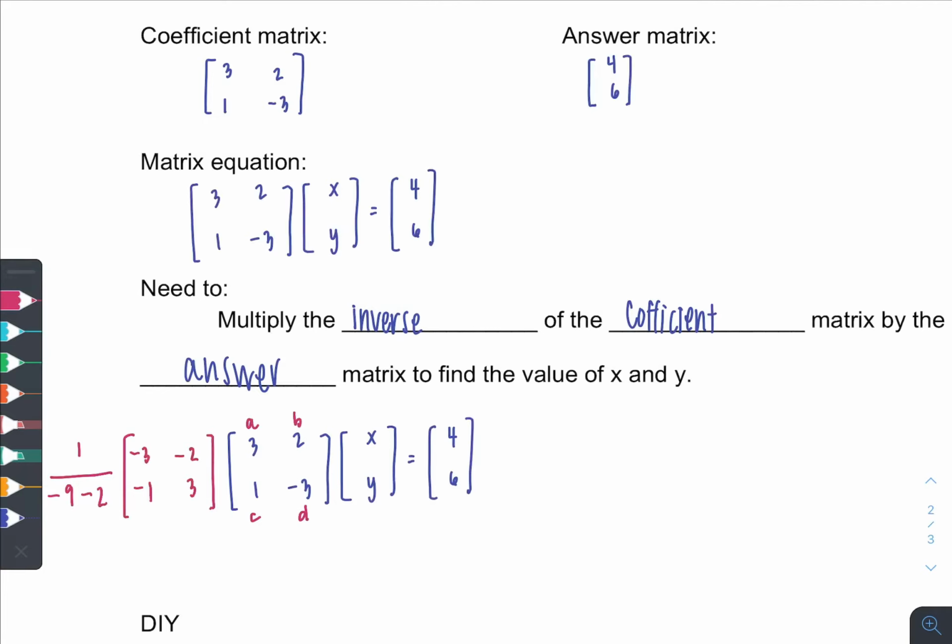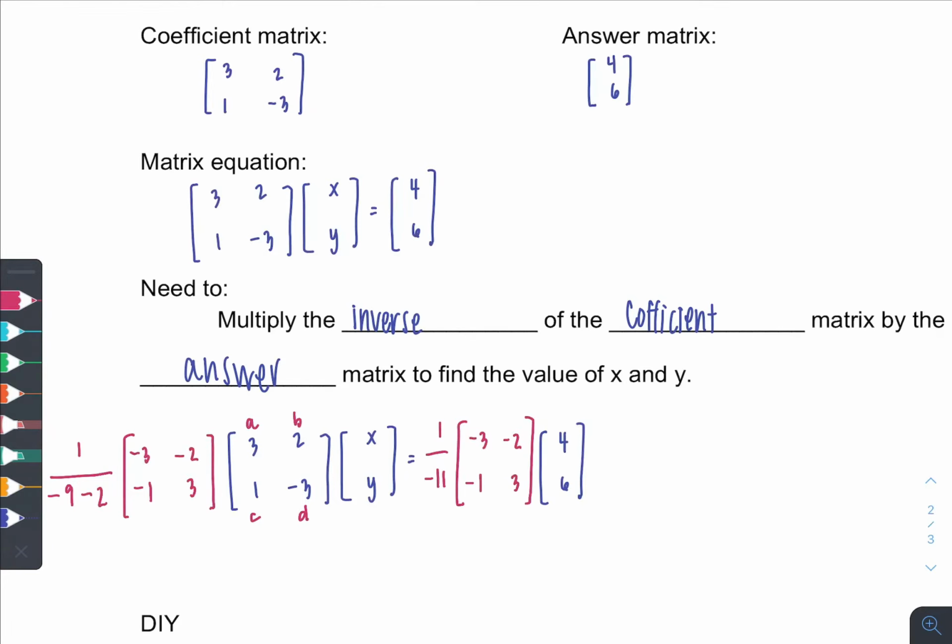We want to do the same thing on the other side. So we're actually multiplying it at the front. So I'm going to go ahead and simplify, 1 over -11 times [-3, -2; -1, 3]. So you can see I just rewrote this right here, and we have to multiply at the front.